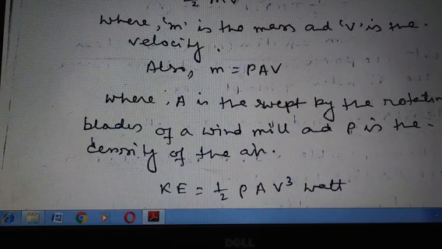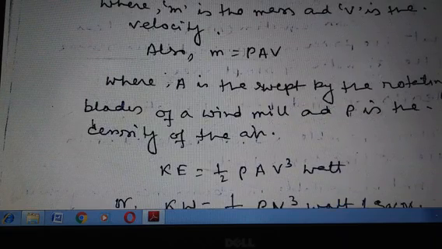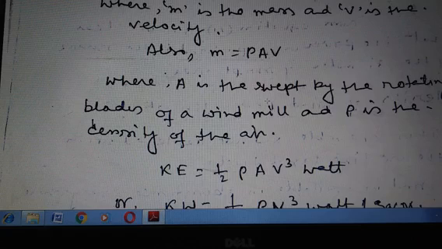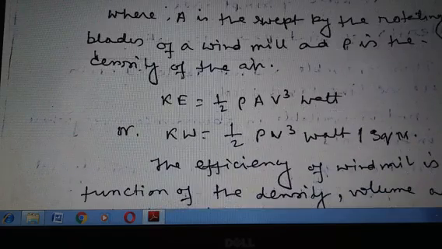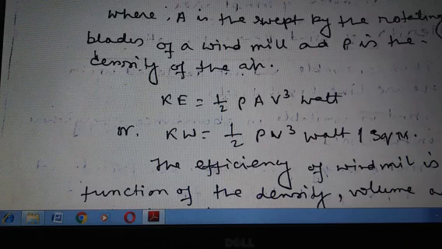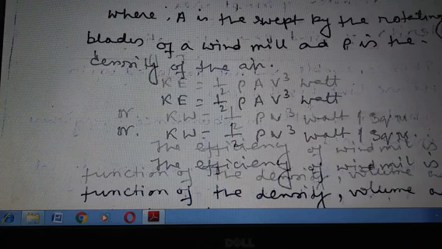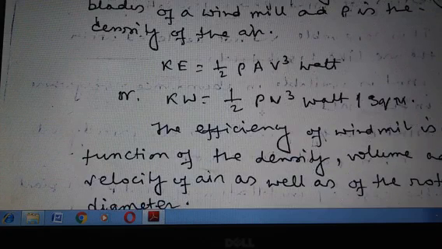Also, m equals rho A v, where A is the area swept by the rotating blades of the windmill and rho is the density of the air. We already discussed that. Therefore, kinetic energy equals half rho A v cube watt, or kilowatt equals half rho v cube watt per square meter.